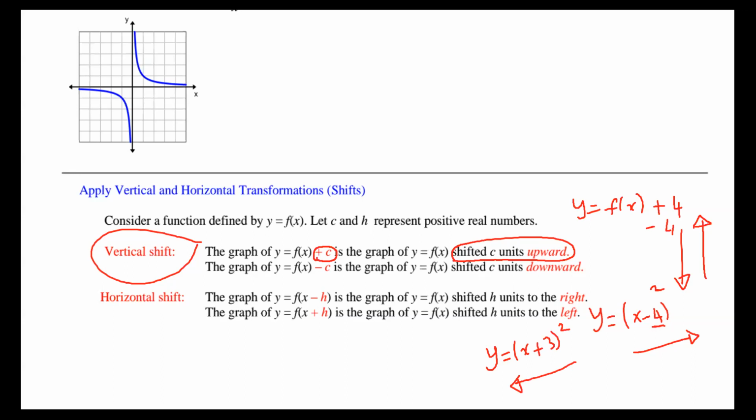So that's why this is a horizontal shift. The vertical shift means you move the curve up or down. The horizontal shift is right or left. Let's go and see some examples.